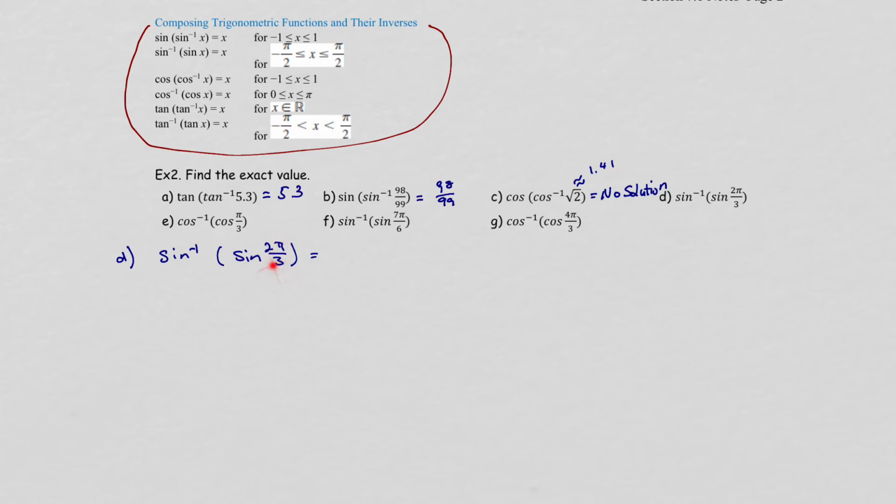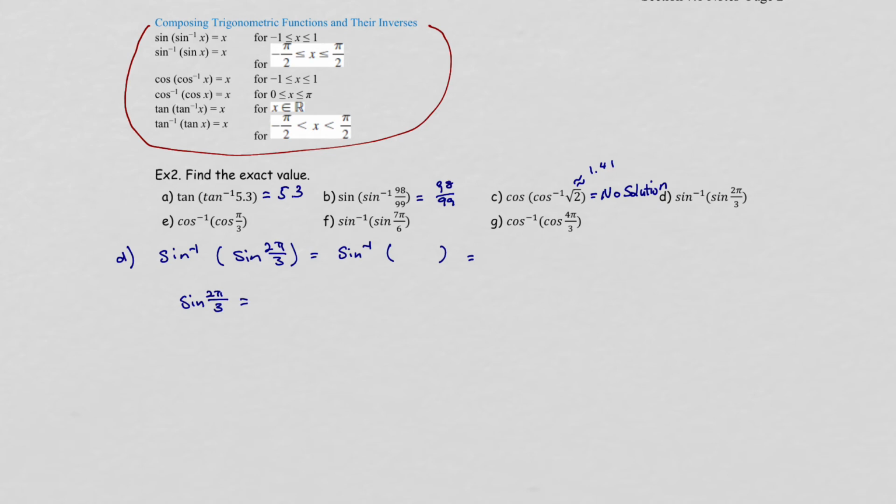So when this is outside of your domain, what you need to do is use the reference angles to find this value. Once you find the value of sine 2 pi/3 using the reference angle, replace it. So you're going to have sine inverse of whatever that value is, and see if we can find the rest of it. So first thing we need to do is find the reference angle of sine 2 pi/3.